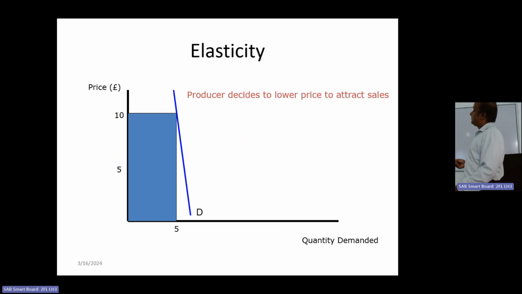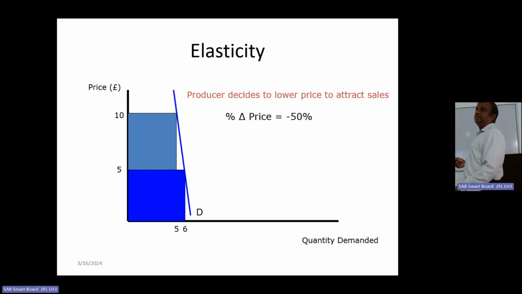If we reduce the price to 5, the quantity demanded increases only slightly, from 5 to 6. That will reduce the revenue, which is the decline in revenue.